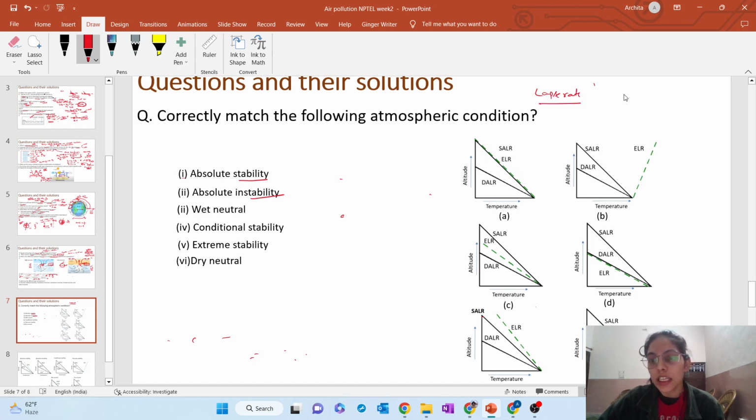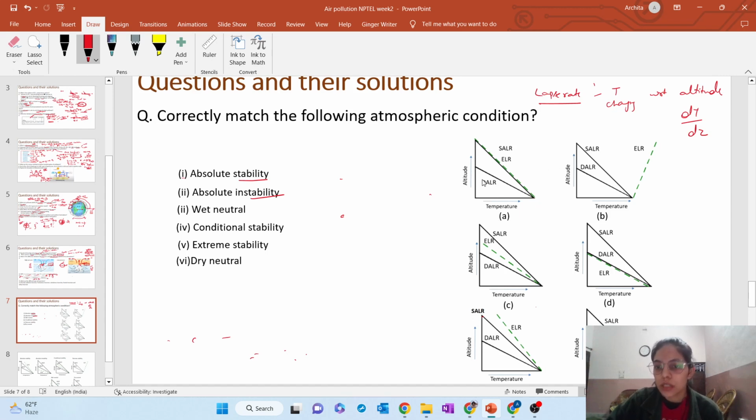It is nothing but how the temperature is changing with respect to altitude. In short, it is dT by dz, how the temperature changes with change in altitude.